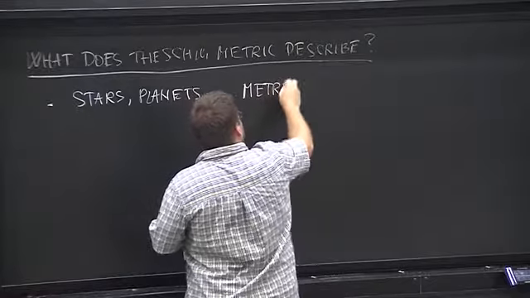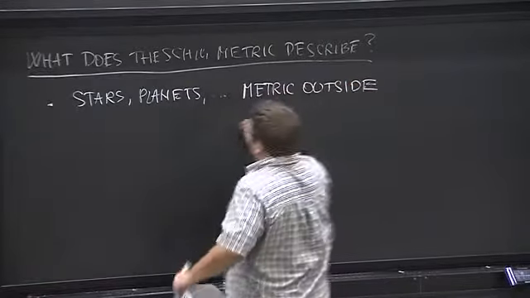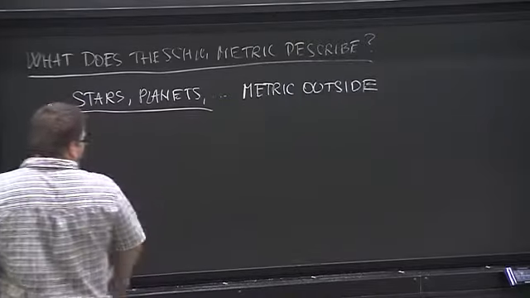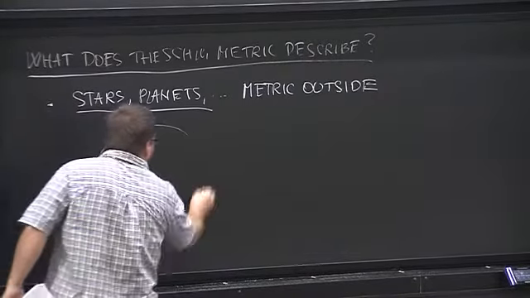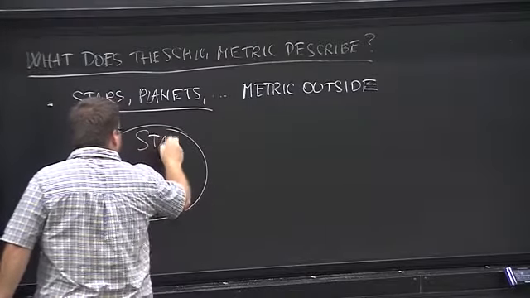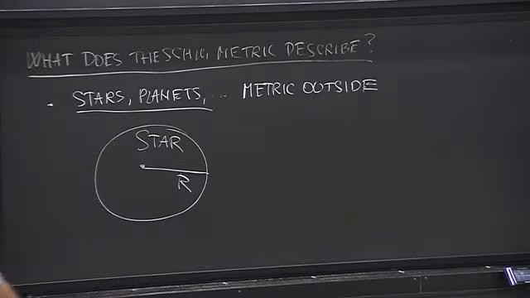The metric outside of stars and planets and whatever. So typically you have a star which has some radius. This radius is typically much, much bigger than R plus.